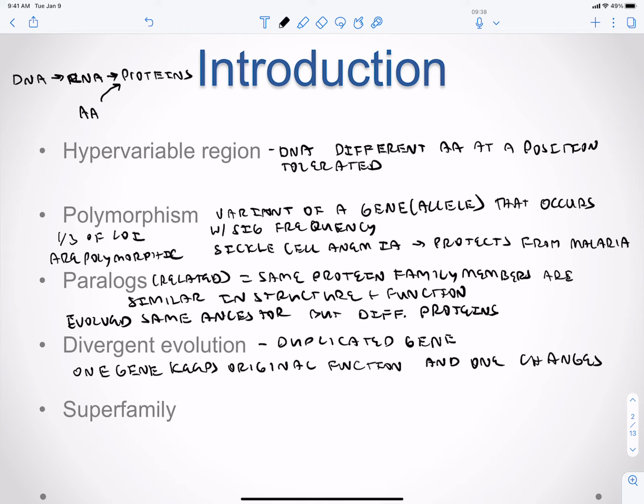And so this is different than a paralog because a paralog has a similar structure and function, whereas divergent evolution actually changes the gene to have a different function.